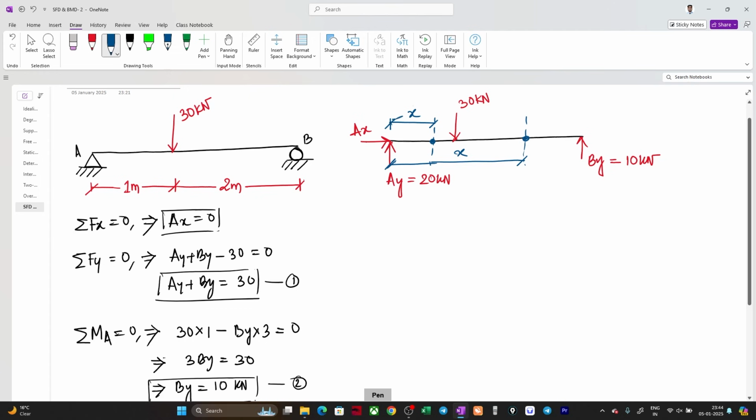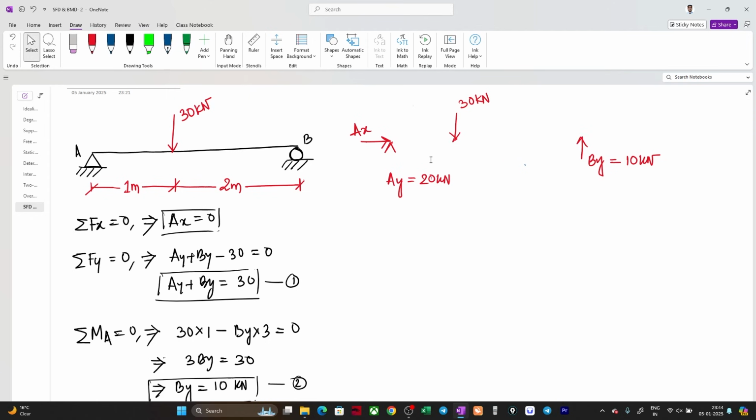Actually, I have made a mistake here. I shouldn't have drawn here. I should have drawn the diagram here. The first section I will take somewhere here. So this is x, and this x will vary from 0 to 1.